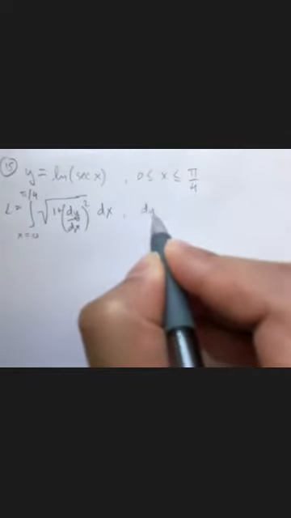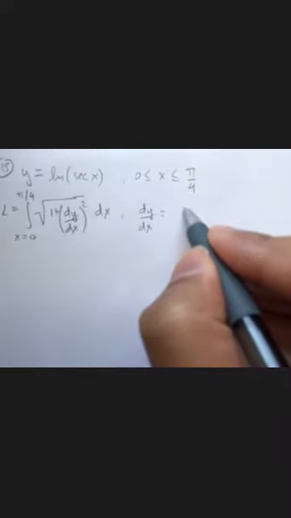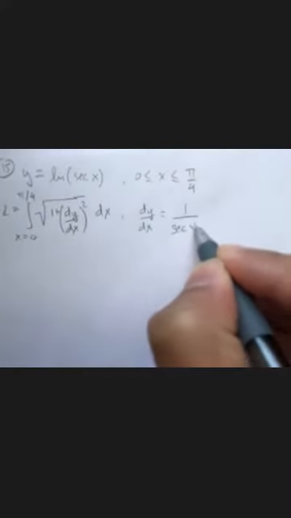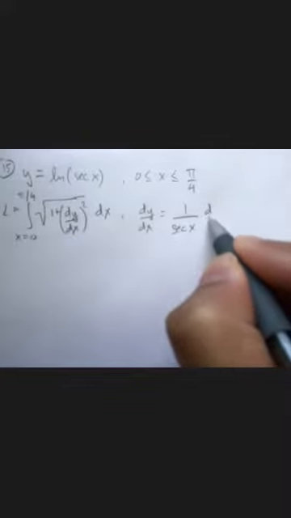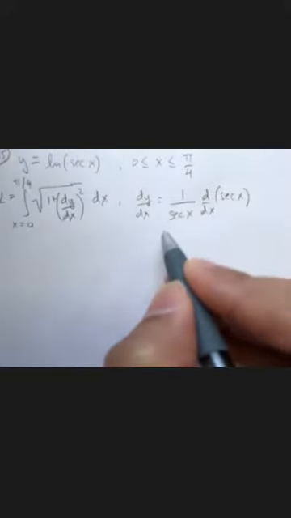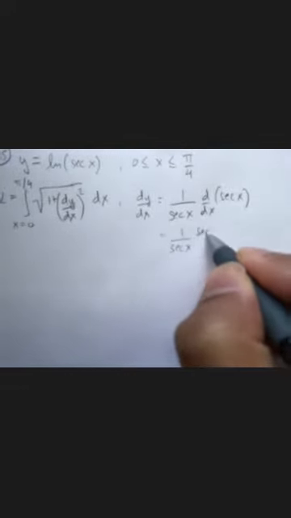Now here, to compute dy over dx, you should remember your Cal 1 class where we had the chain rule. It will be 1 over secant x times d by dx of secant x, which is secant x tan x, and secant will cancel out.